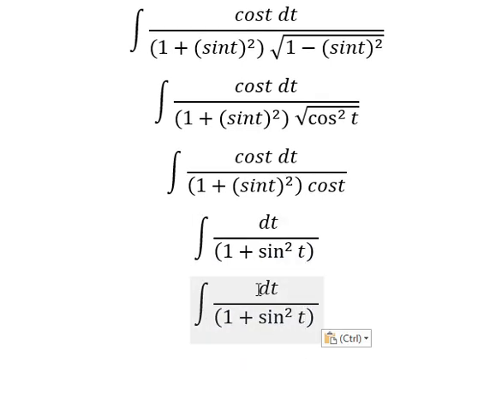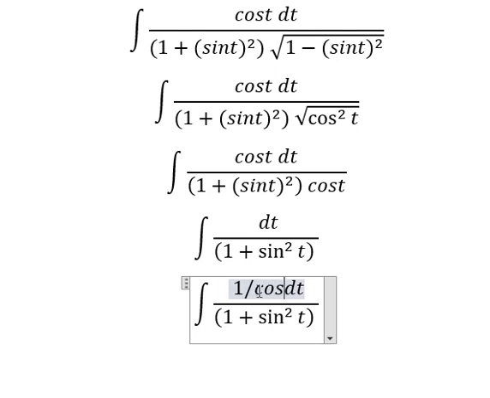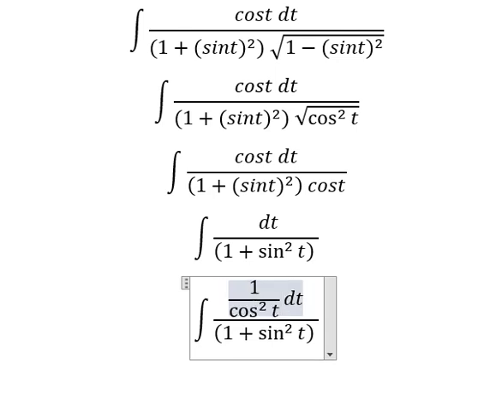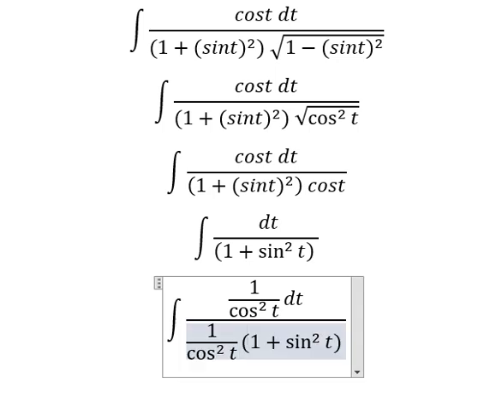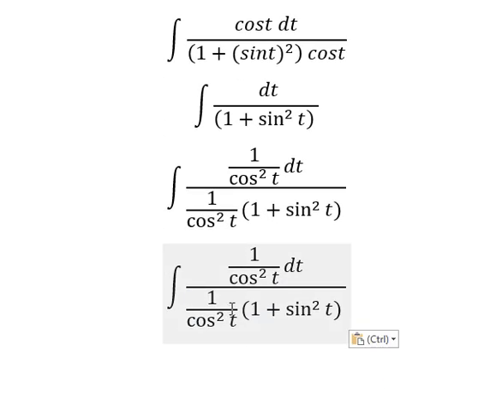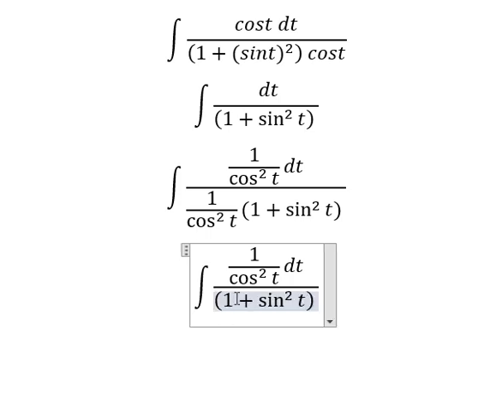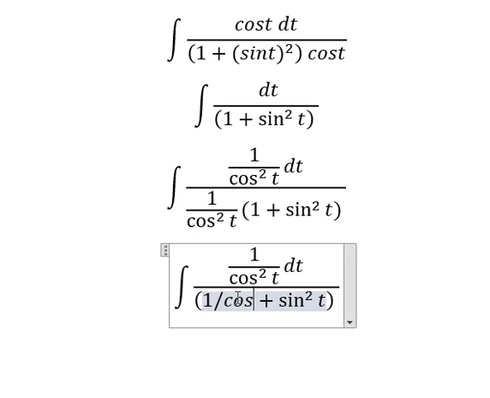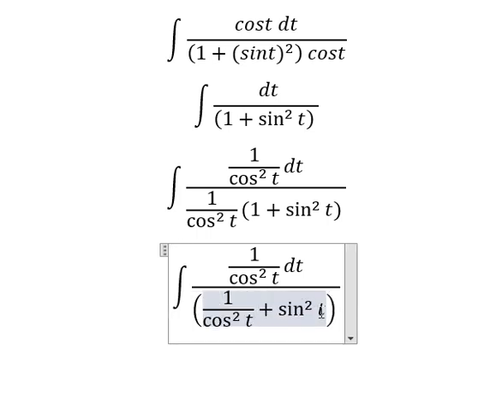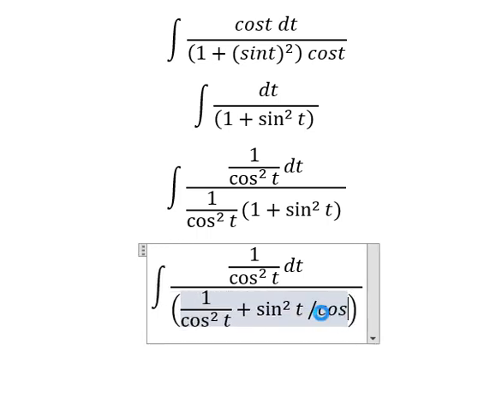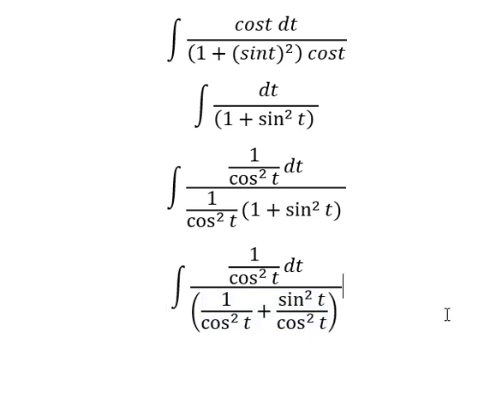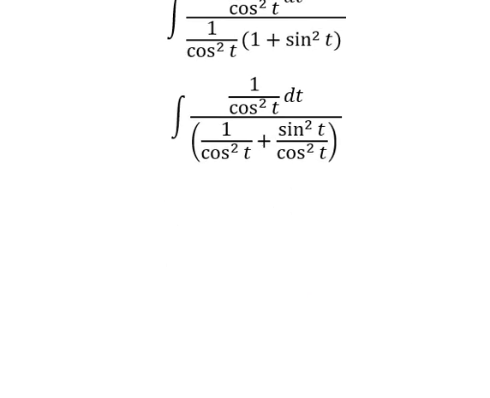Next, I will put 1 over cosine squared t on the numerator and the denominator. So this one is multiplied by this one and this one. So we have the formula.